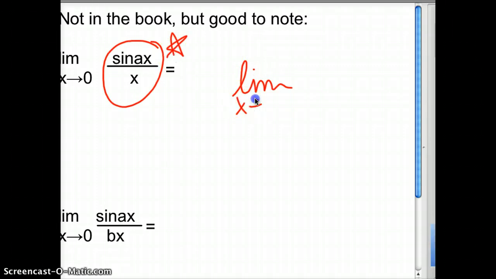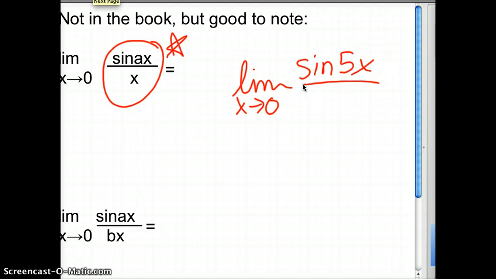You do need to know what happens when you do sine 5x over x. I need to get the same stuff on the bottom that I'm taking the sine of in order to use this property here, that the sine of x over x is 1. So really, we're going to divide by 5.